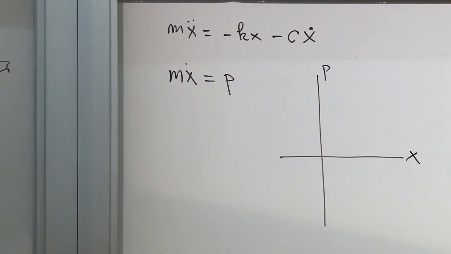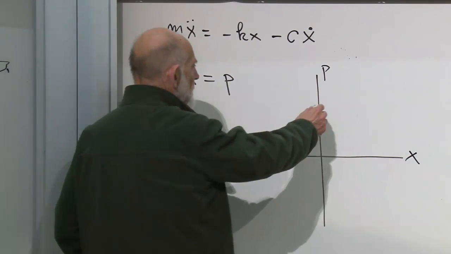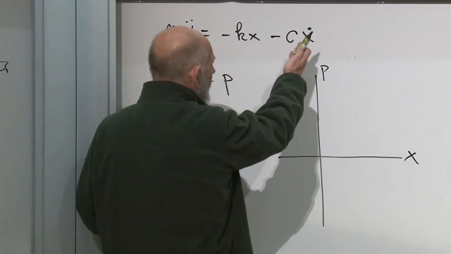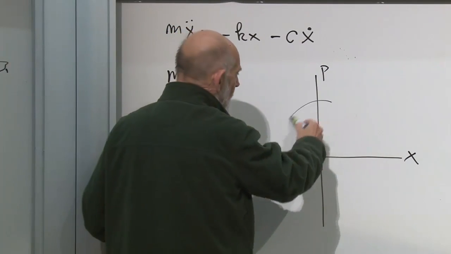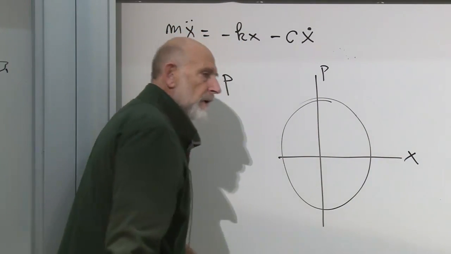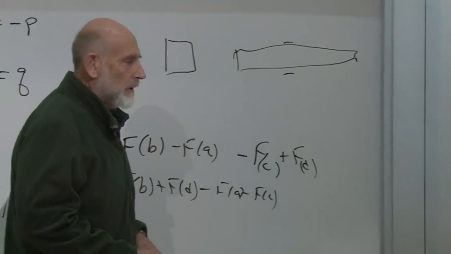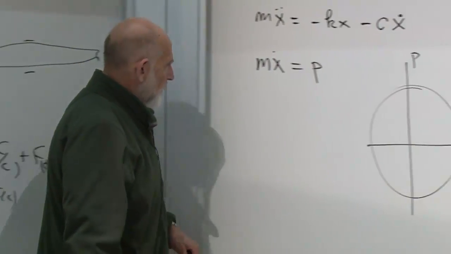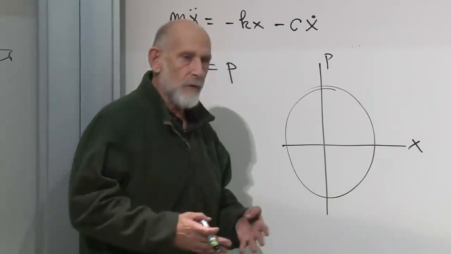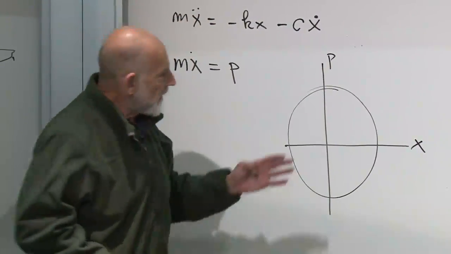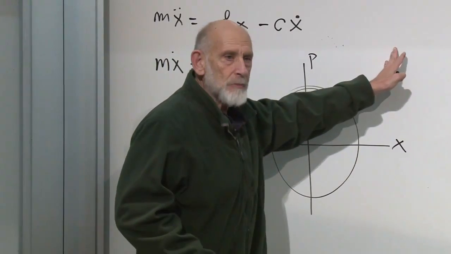And what does the system do now? If it wasn't for this damping term, it would move in circles. It would just move in everlasting circles that would just go around and around and around. What really does happen is the viscous drag force sucks energy out of it. Remember that energy was just x squared plus p squared.